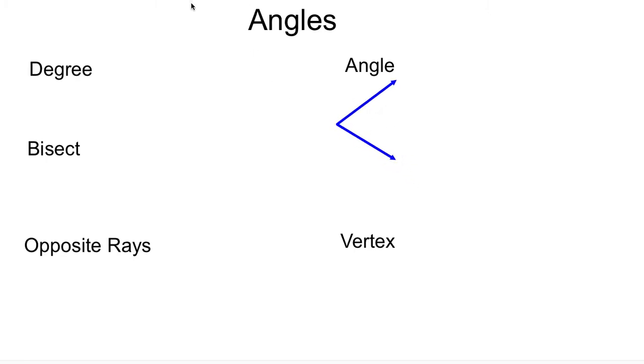The way that the textbook describes it is that an angle is formed by two non-collinear rays. Technically, these rays can be collinear. They can be on the same line. We would just have a straight angle.